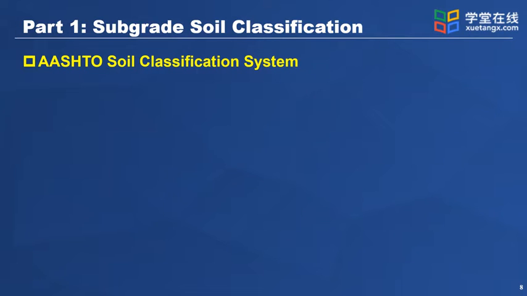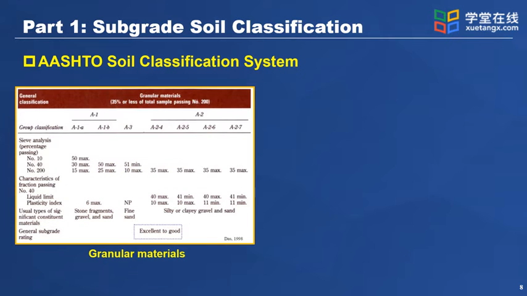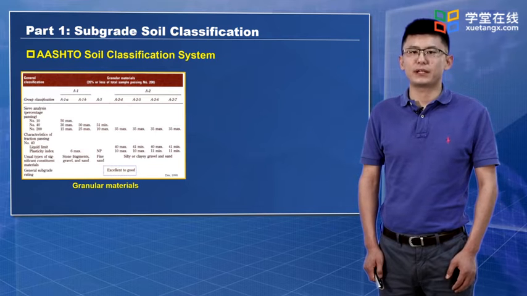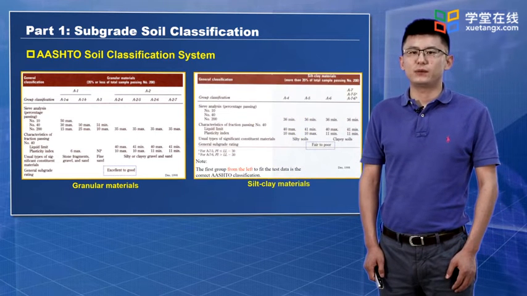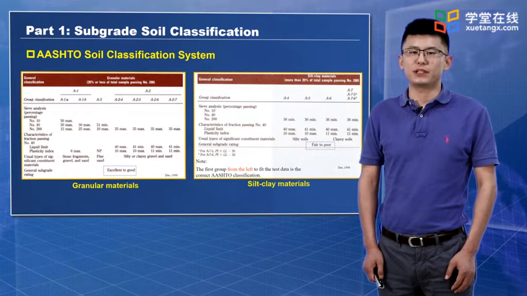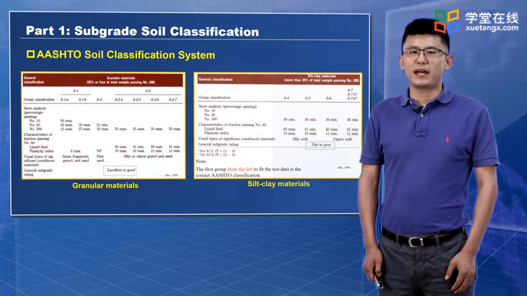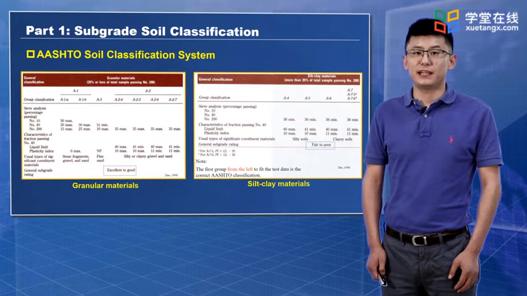This is the second one, the AASHTO. Generally, the AASHTO classification system categorizes the soils into two big categories. First is the granular materials. The second one is the silt and clay materials. Generally, they are also denoted by A1, A2, A3 until A7.